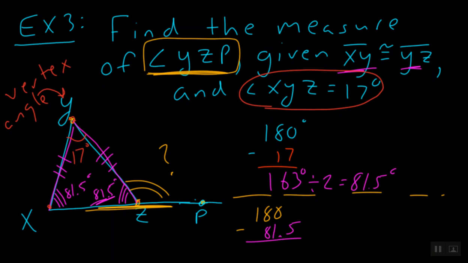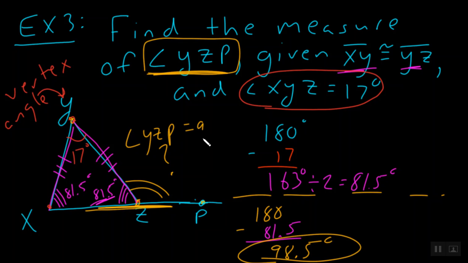And so 180 minus 81.5 will in fact give us, let me switch back to this gold, will in fact give us 98.5 degrees. And so it turns out here that this angle YZP is equal to 98.5 degrees. And there is our final answer.